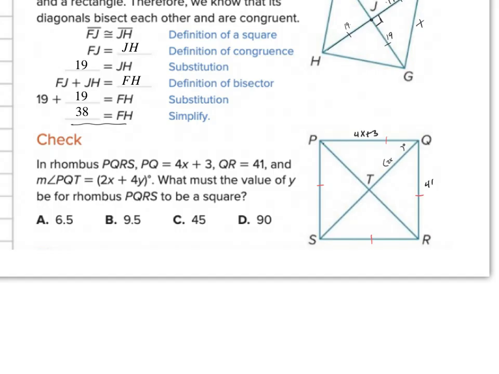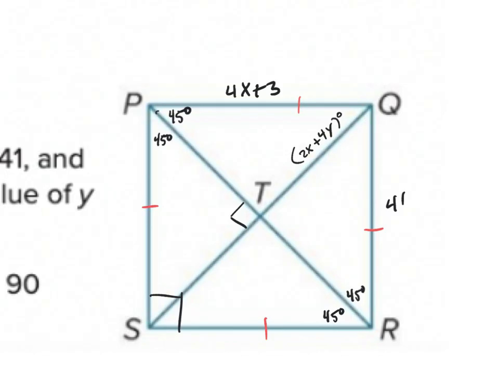And I would say that we know that those angle measurements are, let's see, if this is 90, this is 90, so that makes each one of these individual angles 45 degrees if the total corner is 90. So we do have the information we probably need. I know that this corner is equal to 45 degrees, but I cannot solve that equation yet because I have 2x plus 4y.